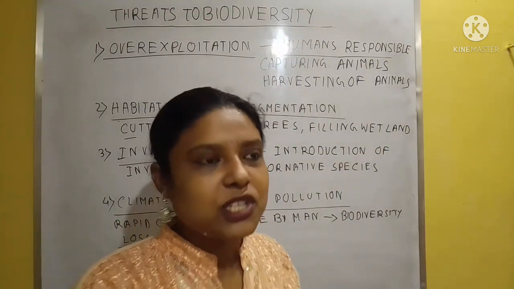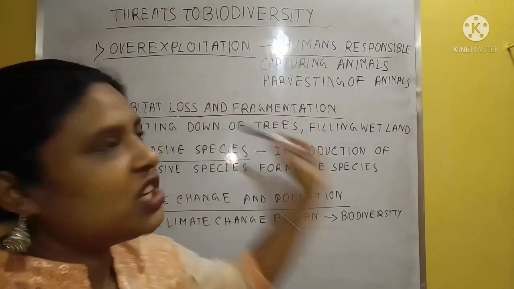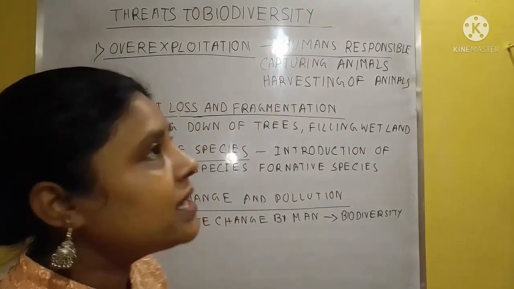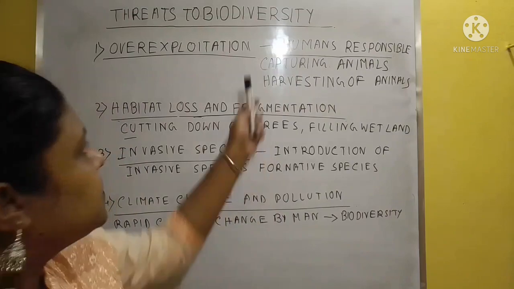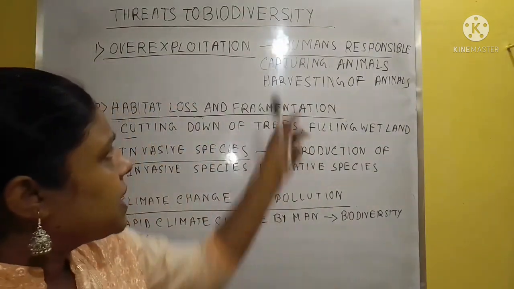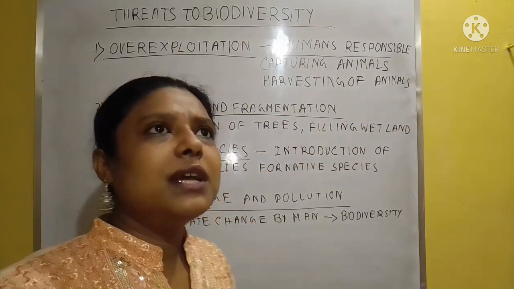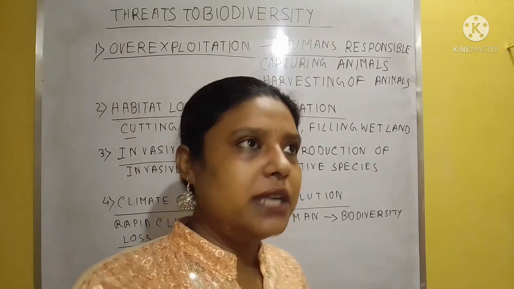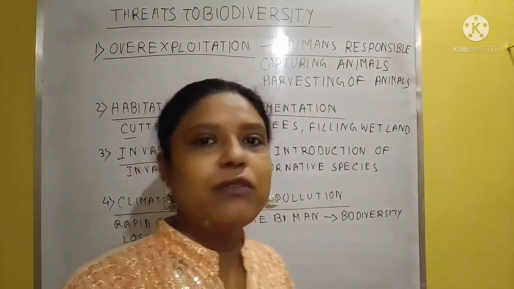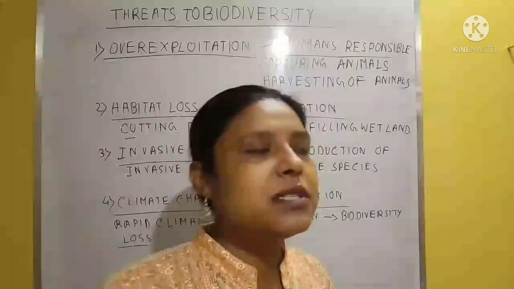What is over-exploitation? This process is totally the activity of humans. That means humans are responsible for biodiversity loss or destruction. The capturing and harvesting of animals are totally done by humans. Humans generally hunt, fish, or catch animals for transportation.